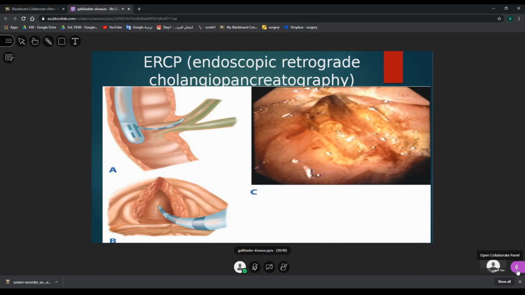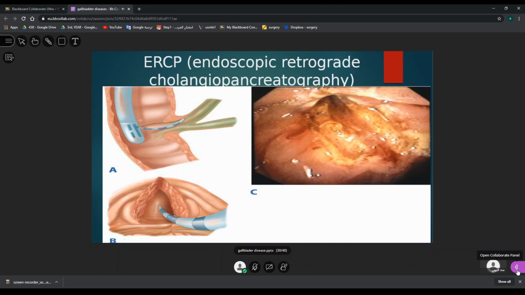Clinical feature: the patient will have abdominal pain with features of intestinal obstruction. Treatment is laparotomy with stone extraction and closure of the small bowel enterotomy.